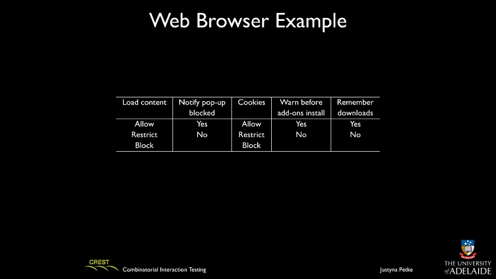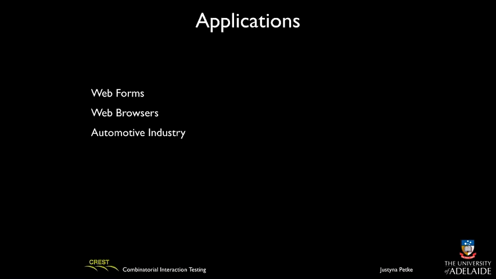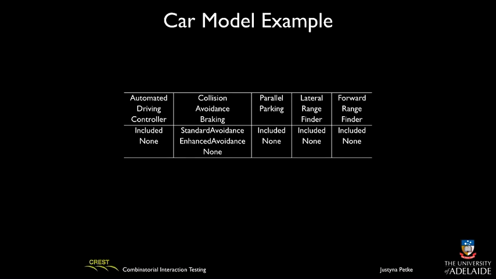And we have to test combinations. We'll see that soon. Automotive industry, you have one example there in your first assignment, and that first assignment is due end of next week, if I remember correctly. For example, you have some driver control, some collision avoidance, parallel parking and so on. Some combinations might not seem very related at first.